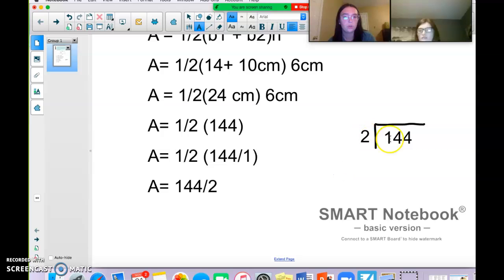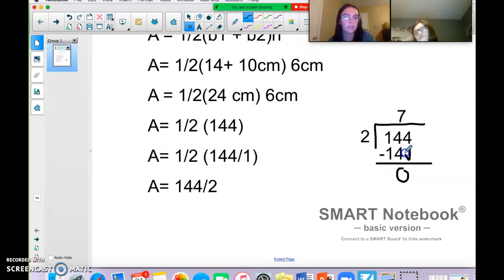So 2 goes into 14 7 times, and that would put us at 14 down here. That would be 0.